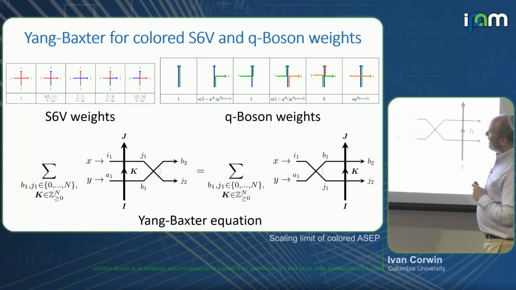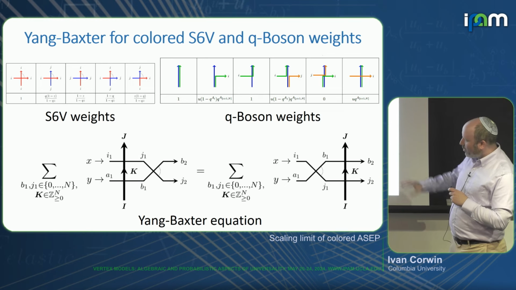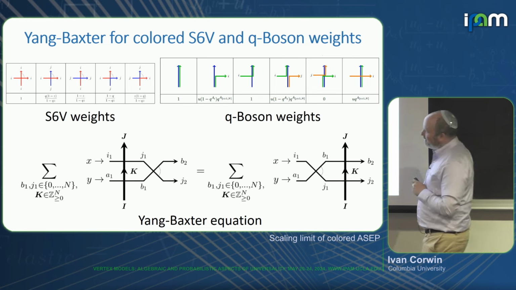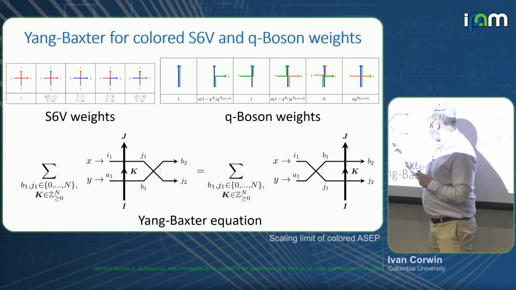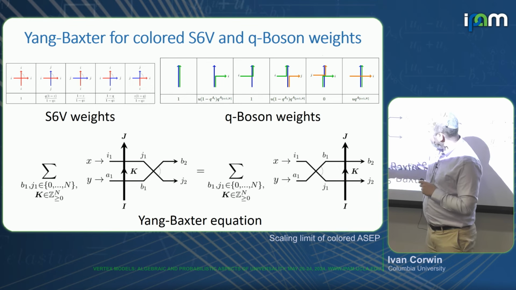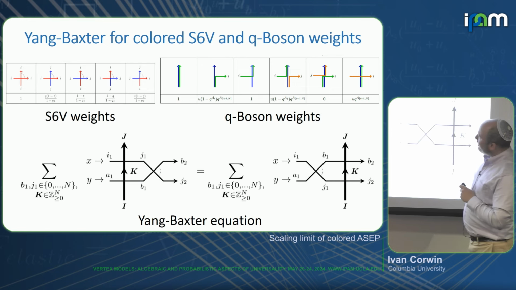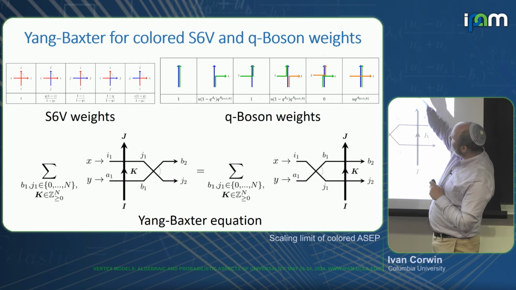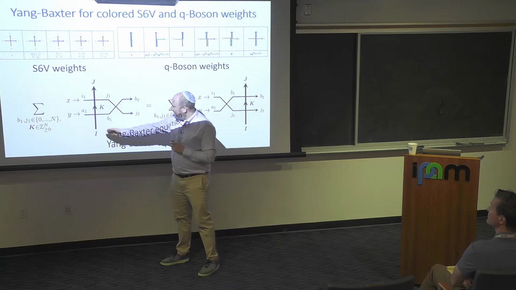Many of you, I imagine, have seen Yang-Baxter before, but it's a statement of equality of local partition functions. So if you specify the values of incoming arrows on the external, so here these are all the arrow configurations externally. So these vertical directions are going to be bosonic, which means that they can accommodate arbitrary numbers of arrows of arbitrary colors. So these are multi-arrows.